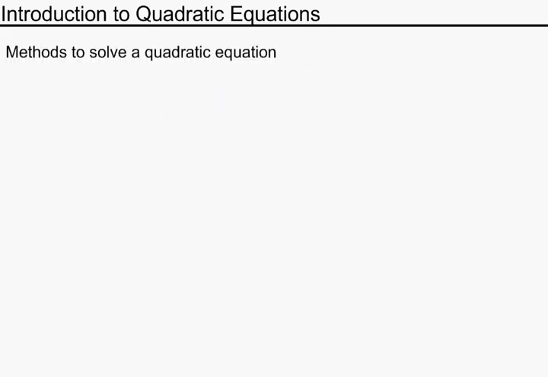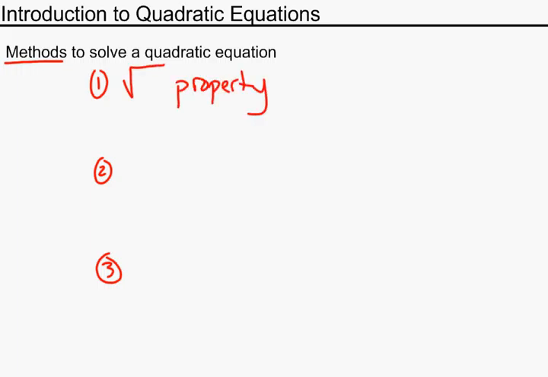When I think about the different methods to solving a quadratic, we're going to talk about 3 different methods. And these methods have different times that they're appropriate to use depending on the situation. The first method is going to be the square root property. And one little catchphrase about square root property to remember is that I'm really looking at inverse operations.